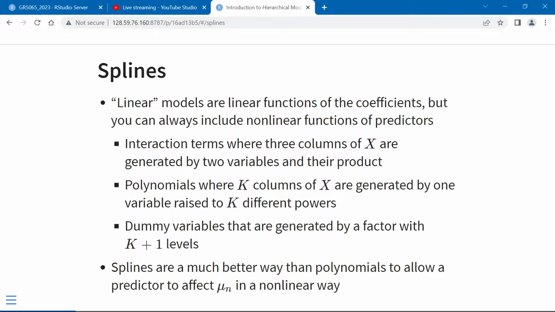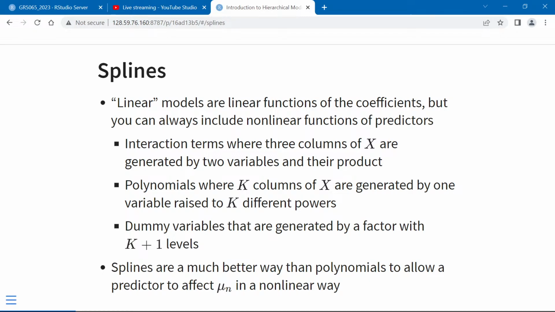So we have an interaction term between, like, the number of seats held by the president's party in the House and the number of seats held by the president's party in the Senate, something like that. That's two variables in the data frame being mapped to 3 columns of the X matrix. So you've got House margin, Senate margin, and the product of those 2 margins.